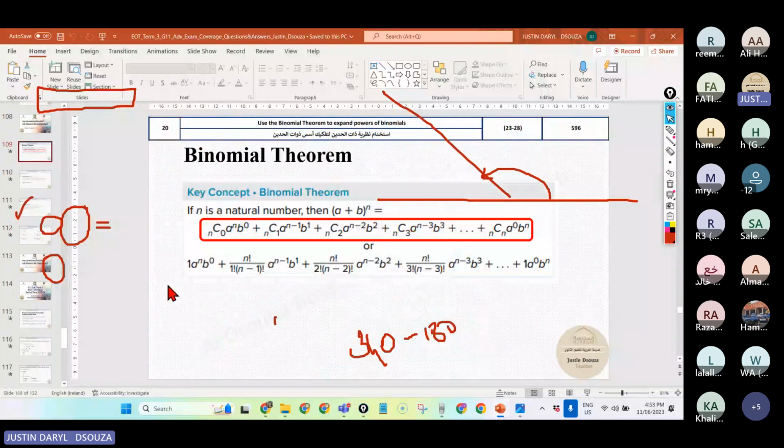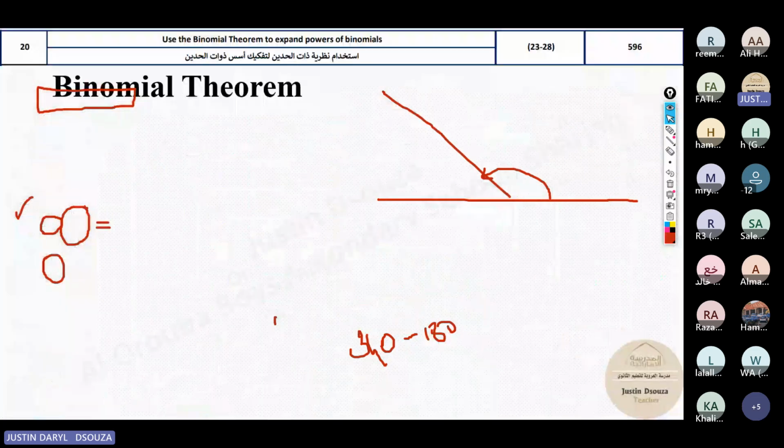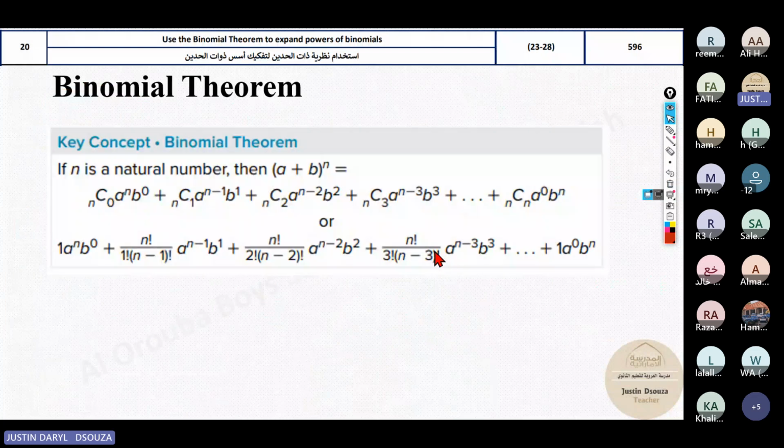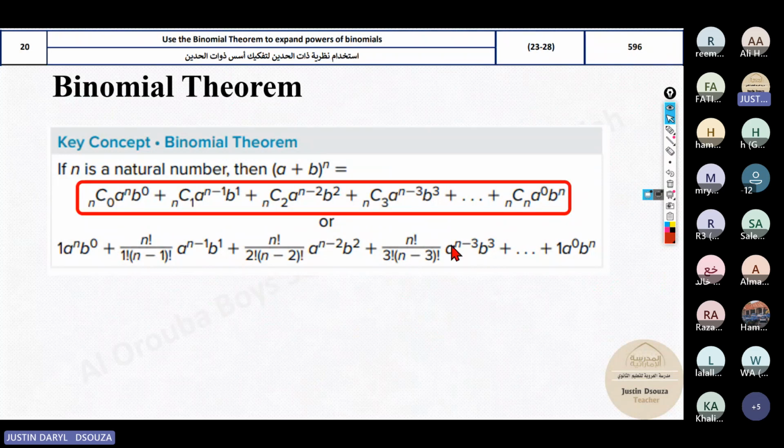Question 20 is by the binomial theorem. Now 20 is very straightforward because for both the methods, you do not need to use the second formula, but I will just let you know the formula for nCr. This is related to combination.